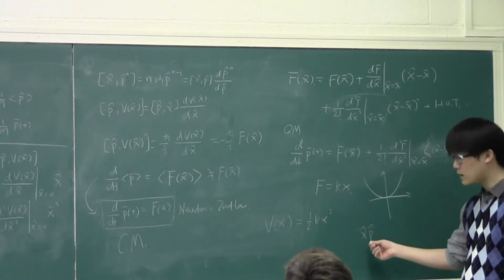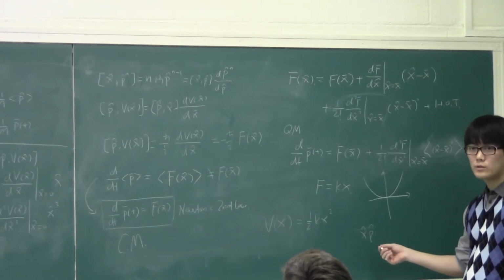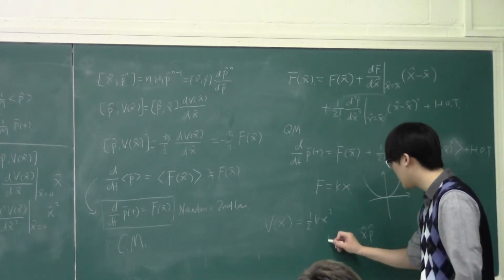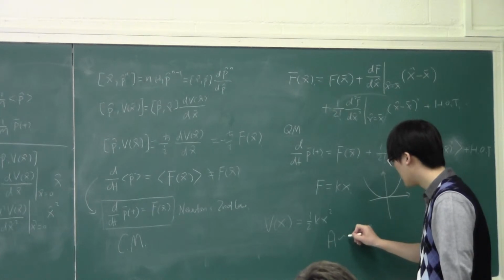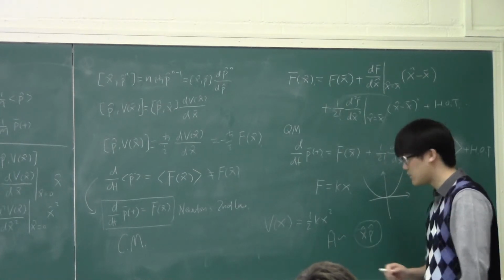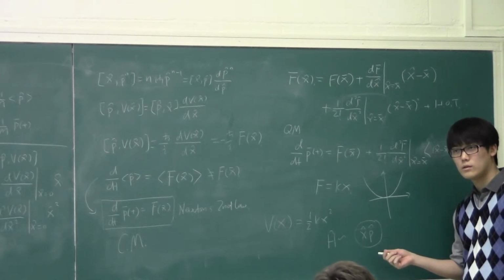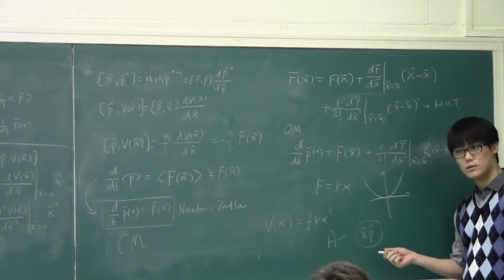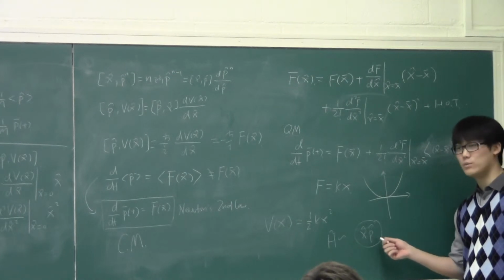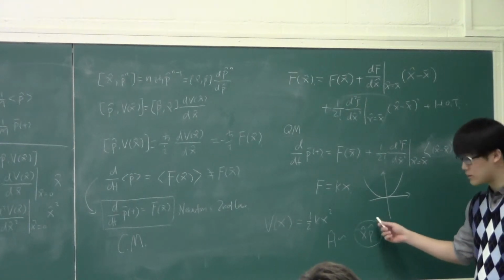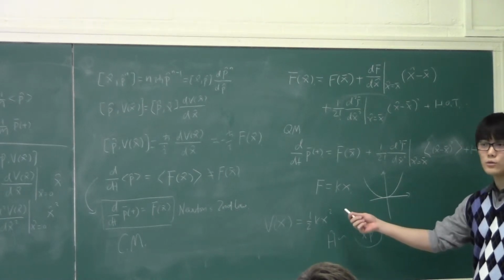But if this was inside the Hamiltonian, what would happen to the Hamiltonian? If the Hamiltonian contained a term like this, is this term Hermitian? No, right? Why? Because x and p don't commute. So the Hamiltonian constructed this way would not be Hermitian, and you cannot do quantum mechanics that way.